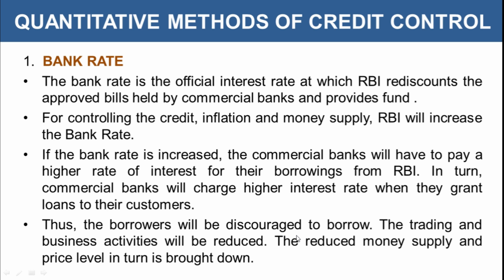If the interest rate is raised, they will be discouraged from borrowing, and thus it will affect business activities. It will be reduced, and the reduction in business activities will reduce the money supply in the economy, and this will bring down the price level. So this is just an example of how the credit control measure works.